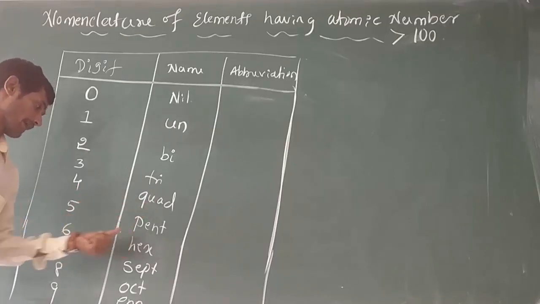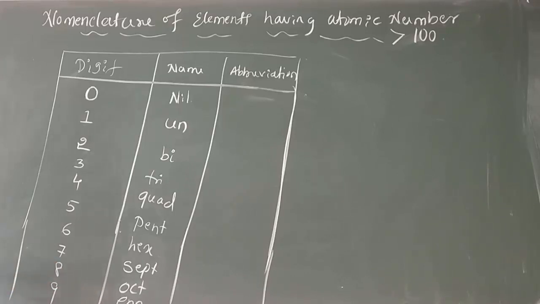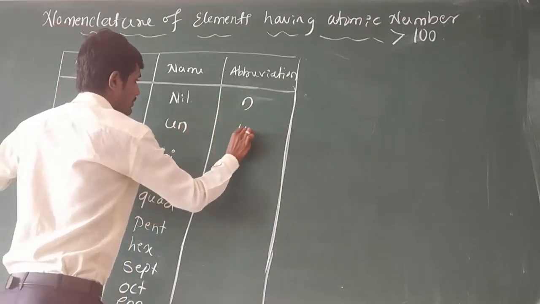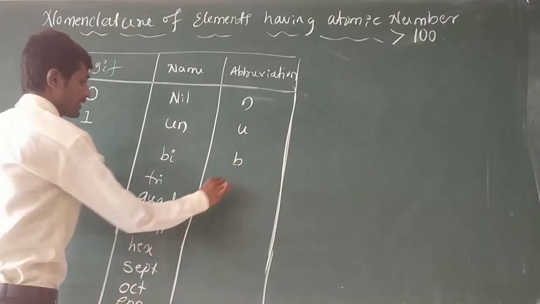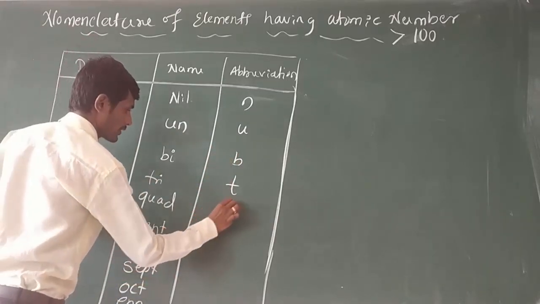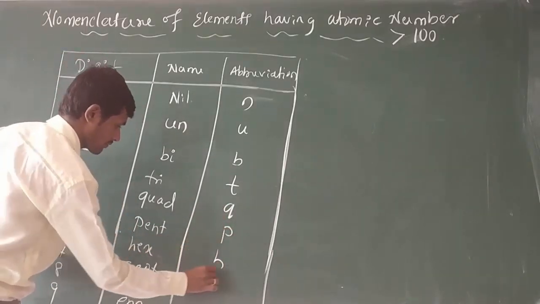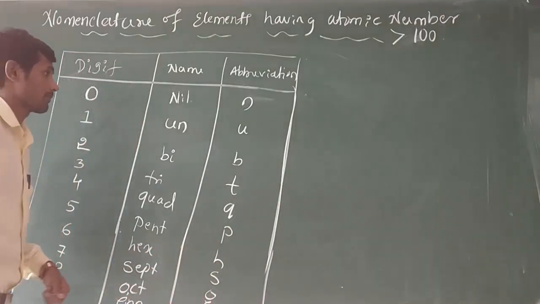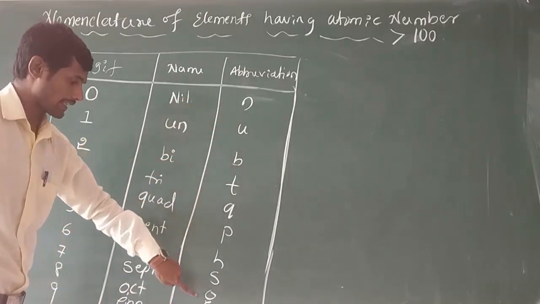If 5 is present, pent. 6 hex, 7 sept, 8 oct, 9 enn. And the abbreviations: for 0 it is n, for 1 it is u, for 2 it is b, 3 is t, 4 q, this is p, this is h, this is s, this is o, this is e, meaning the first letter of the word.